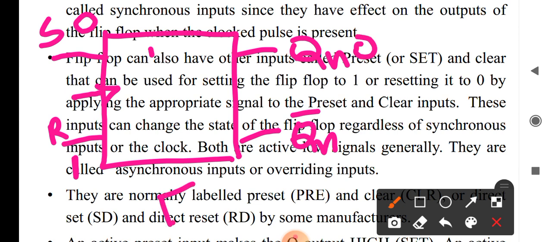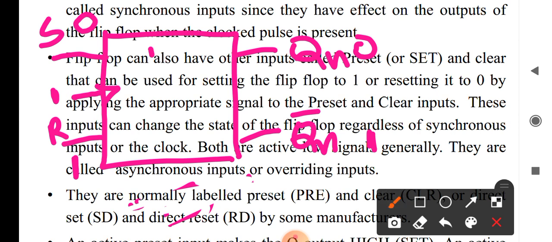Normally we get Qn is equal to 0 and Qn plus 1 is equal to 0.